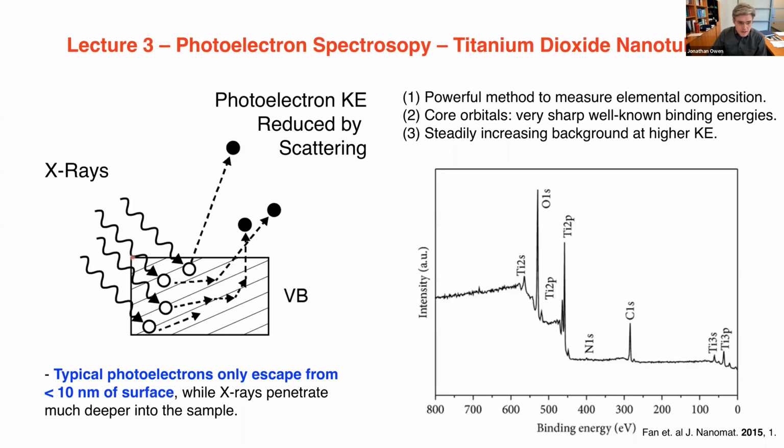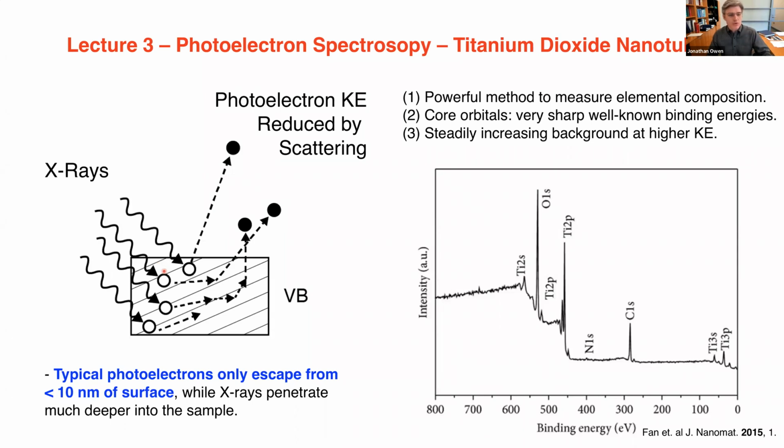So the photons penetrate deeply into the solid. The electrons are generated by this collision and the emission process, and then they either escape cleanly or they collide once, twice, 3 times before they get out, or they don't escape at all. Okay, and so the deeper you go into the solid before the collision process happens, the less likely the electron is to escape.